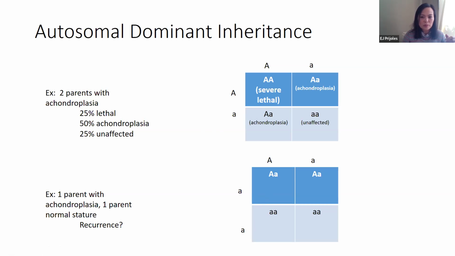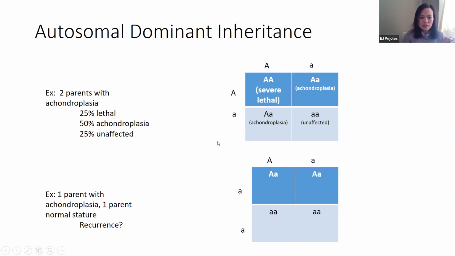But just as an example, for individuals who have achondroplasia with both parents affected, there would be a 25% chance that there would be a case where both of the achondroplasia genes are inherited, and that leads to a lethal phenotype with thanatophoric dysplasia, basically very small bones and short long bones, resulting in small rib cages and pulmonary hypoplasia.